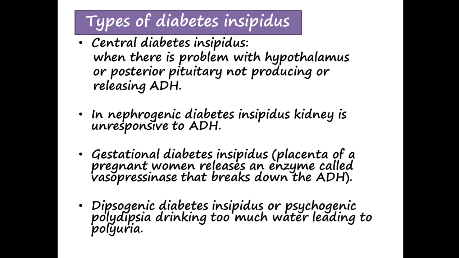There are two other types of diabetes insipidus, in addition to the central diabetes insipidus due to lack of ADH secretion from the hypothalamus, or the nephrogenic diabetes insipidus, in which the kidney is unresponsive to the action of ADH. One is known as gestational diabetes insipidus. It occurs in a pregnant female. And here the placenta of some pregnant females produces an enzyme which is known as the vasopressinase.